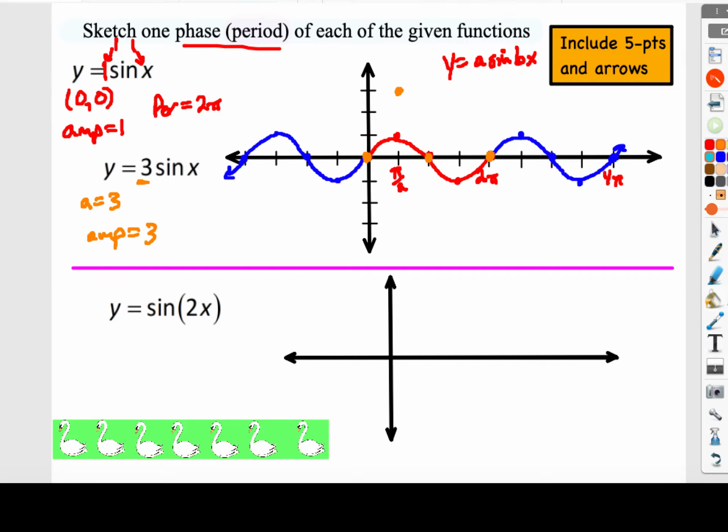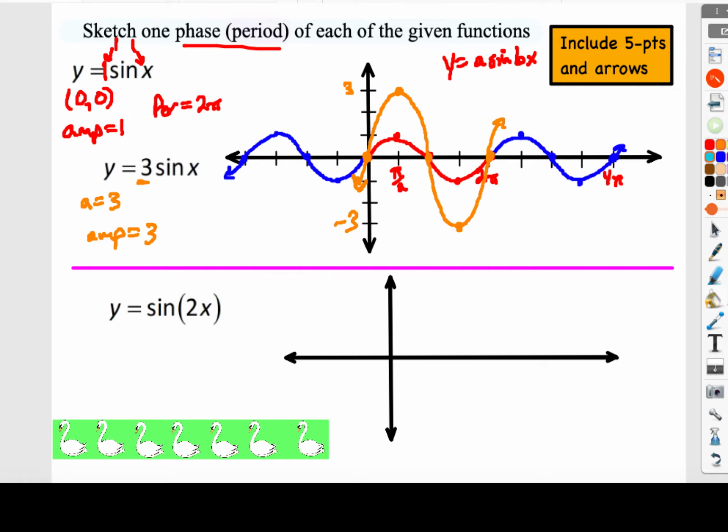What it does is take our maximum up to 3 and our minimum down to negative 3 at 3 pi over 2. So our graph's going to be a little bit taller, both positively and negatively, before it keeps on traveling. If we only go 1 phase, it would just repeat that same thing above and below the blue line as well.